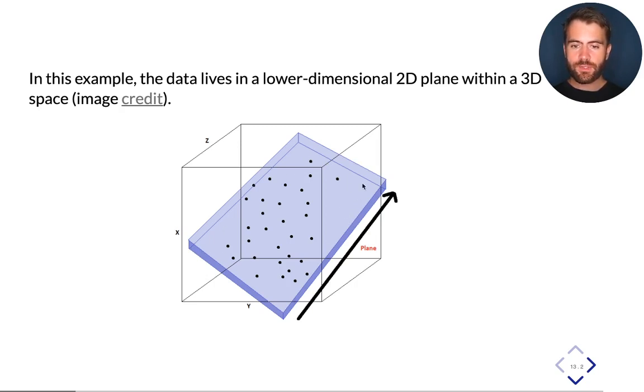And so in this case, the data essentially lives in this lower two-dimensional subspace. This is the blue plane, and that is the space that we're going to learn, which is going to be our set Z, and it lives within the bigger set X, which is three-dimensional, but it's a lower dimensional version of it.